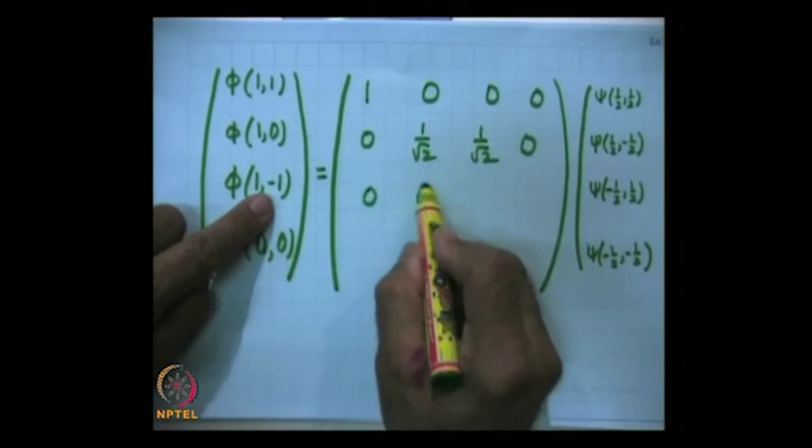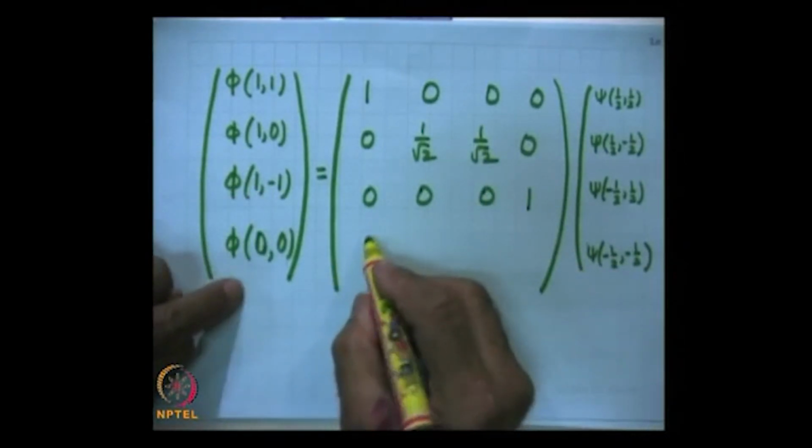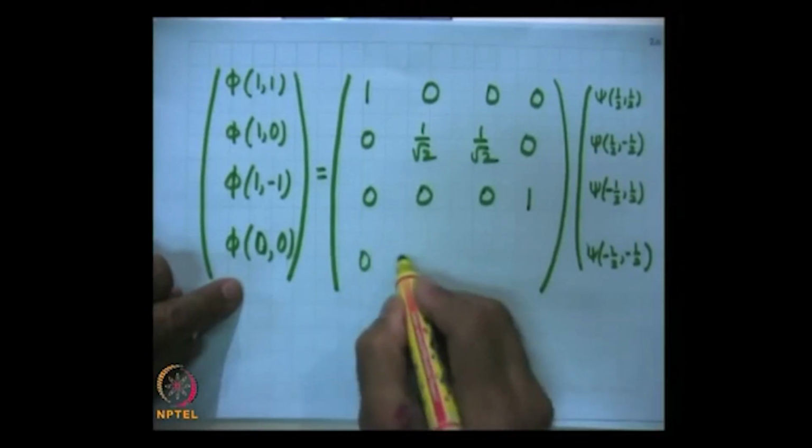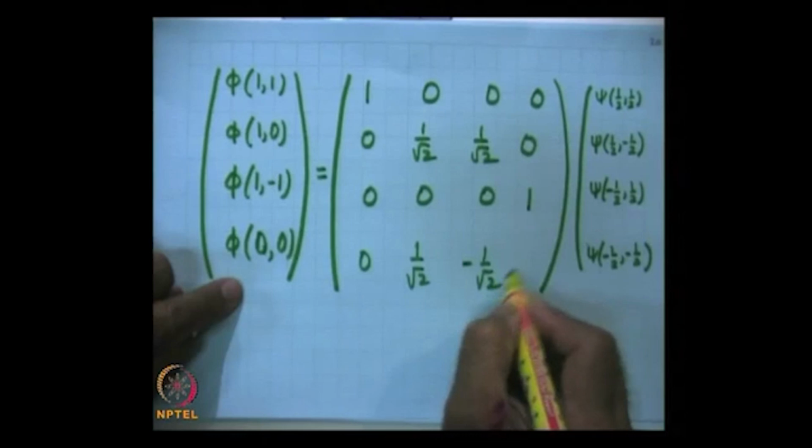So, that is equal to this. So, 0 0 0 1, and this will be 0, 1 over root 2 and minus 1 over root 2.